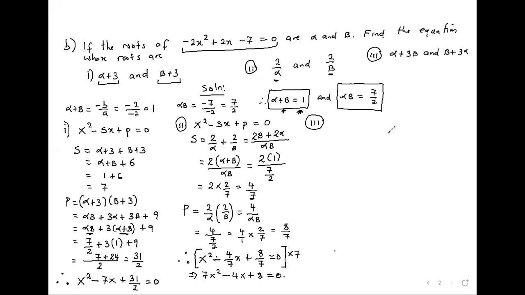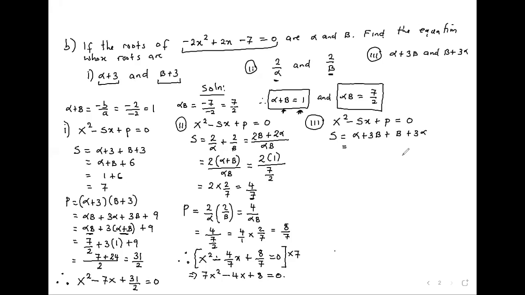Part 3. Again, x squared minus the sum multiplied by x plus the product is 0. What is the sum? The sum is alpha plus 3 beta plus beta plus 3 alpha.